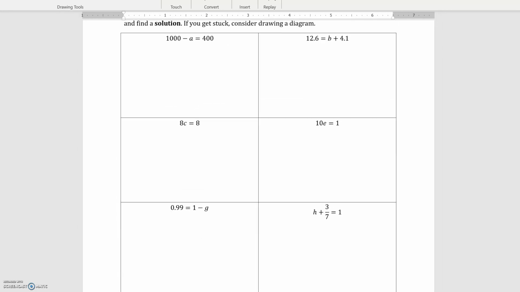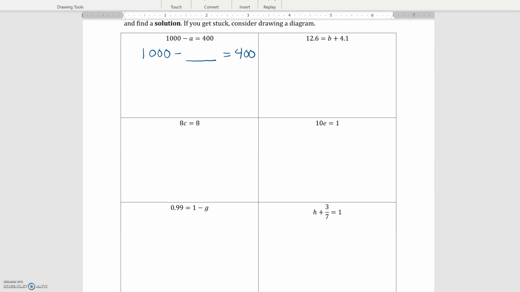So when you're doing equations like this, you want to ask yourself, what number should go in that spot to make that a true statement? For example, this says 1000 minus a, which is some number, equals 400. So we have to ask ourselves, what can I put there to make that a true statement?